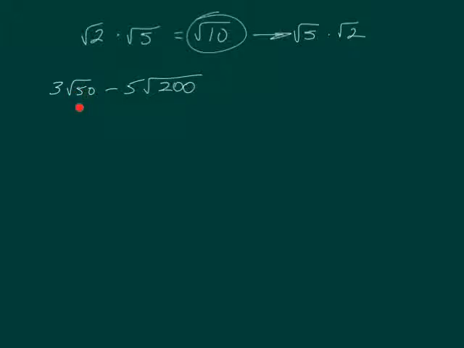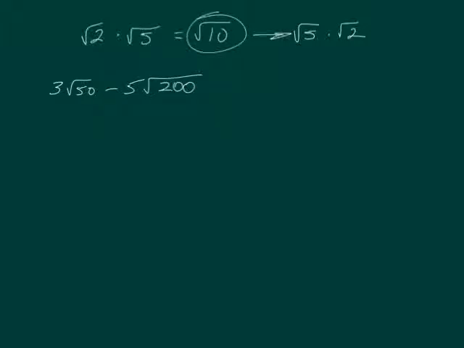So what I normally tell students to try doing, before you spend a lot of time writing these as the prime factors of 50 and the prime factors of 200, is find two numbers multiplied together that give you 50, where one of those you can take the square root of.